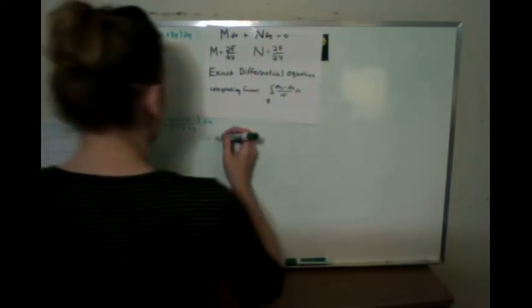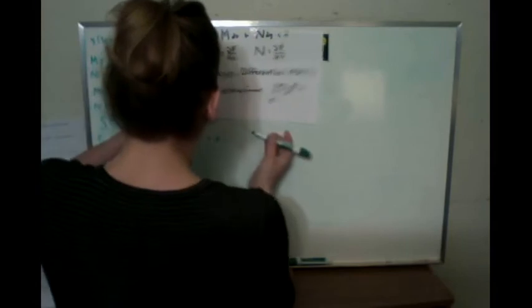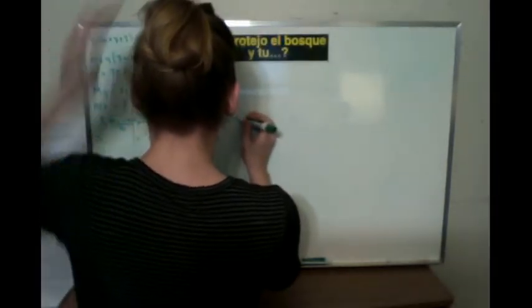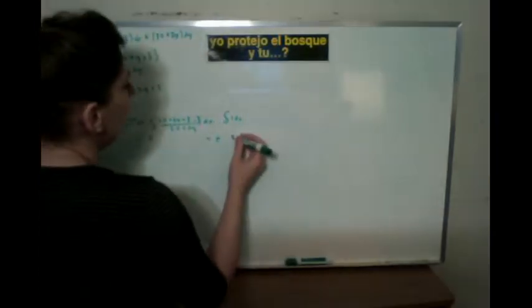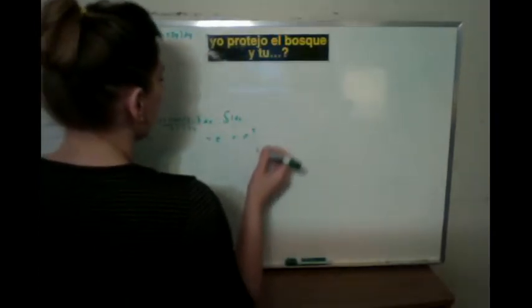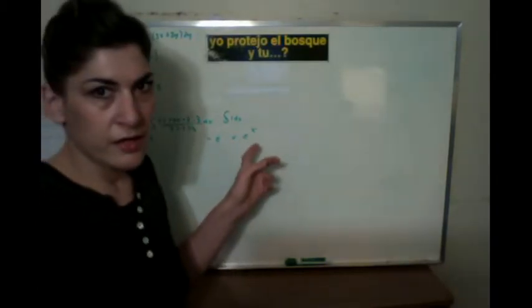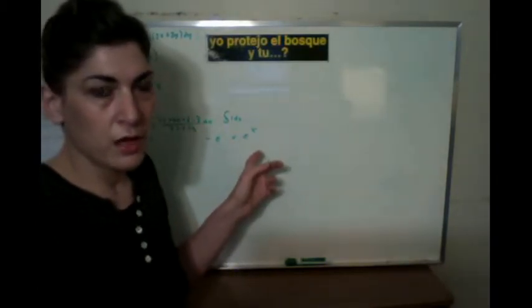This equals e to the integral of 1 dx. Therefore, our integrating factor is e to the x. Now we can multiply e to the x by the differential equation to make it exact.